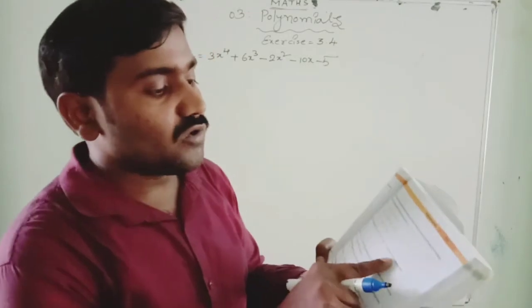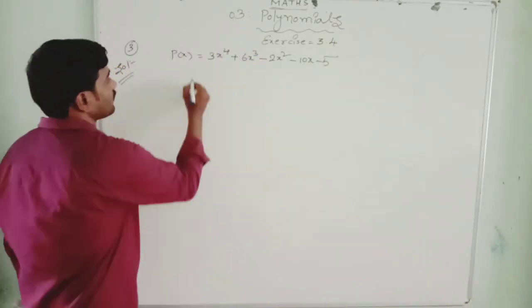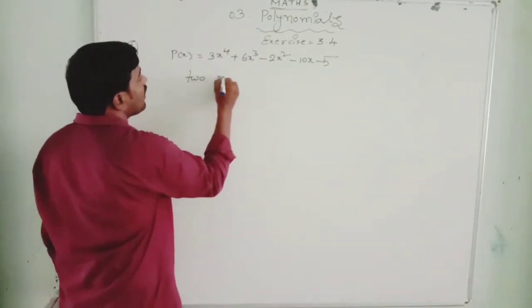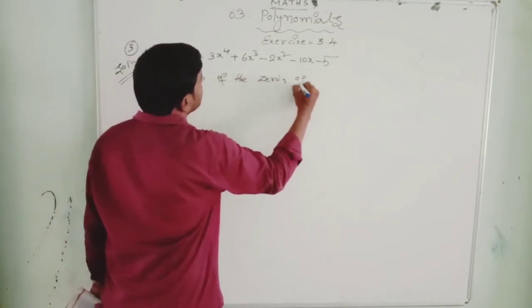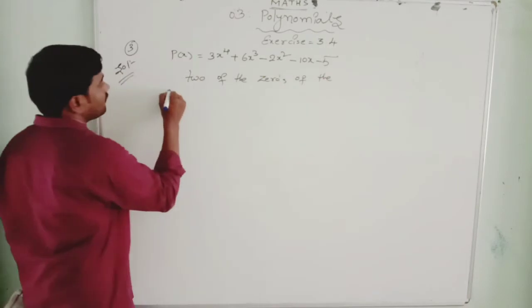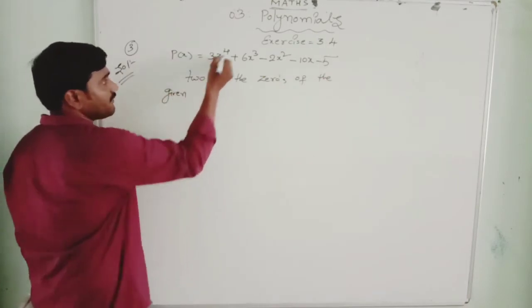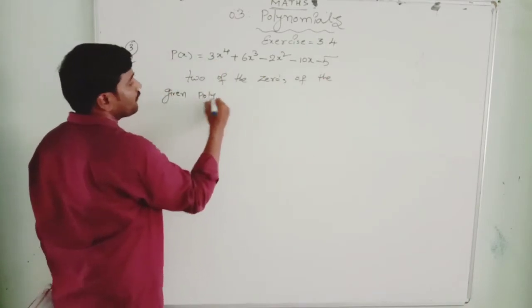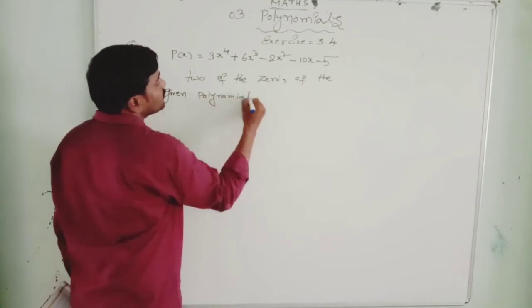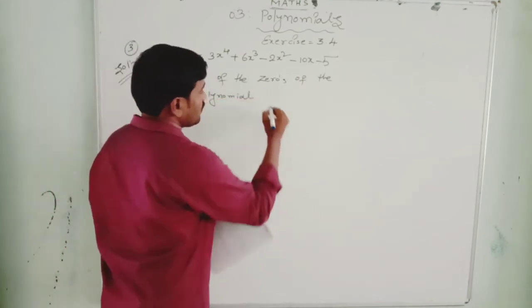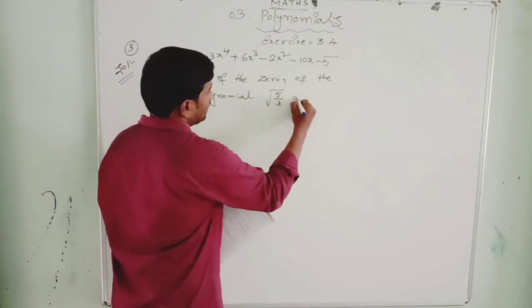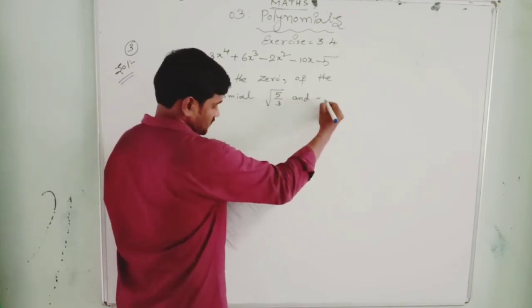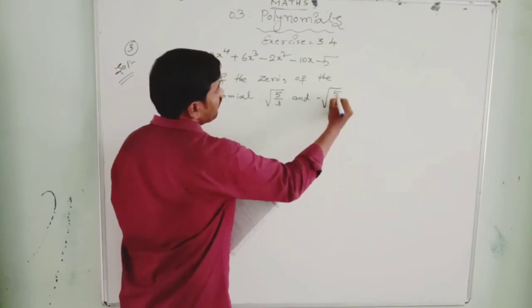Out of that, 2 of the zeros of the given polynomial are given as under root of 5 by 3 and minus under root of 5 by 3.